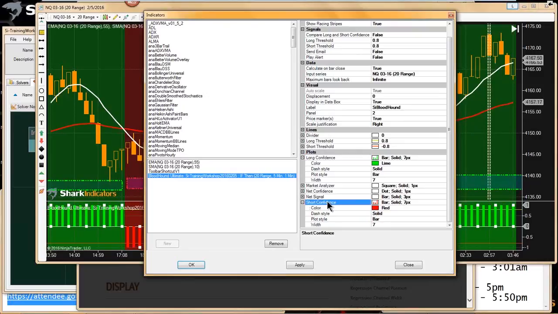So everything in BloodHound is evaluating the long signals completely separate from the short signals. There are two separate evaluations going on, and they don't interfere with each other. BloodHound is calculating the long signals separately from calculating the short signals.